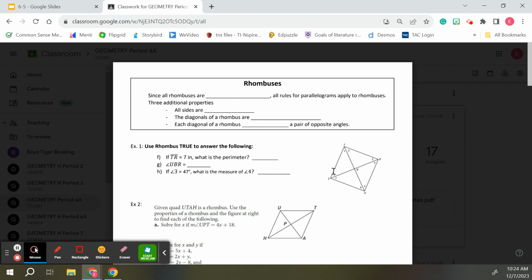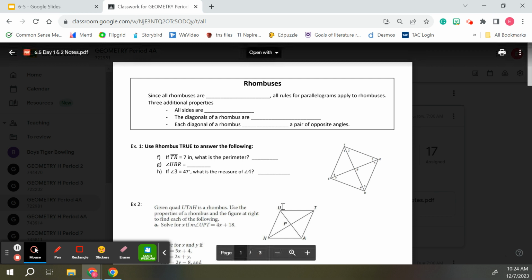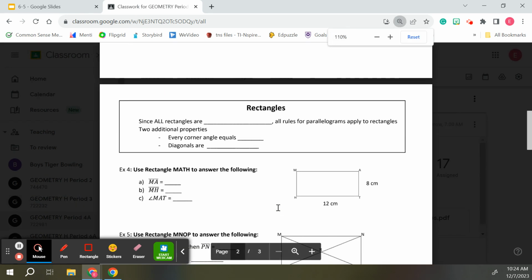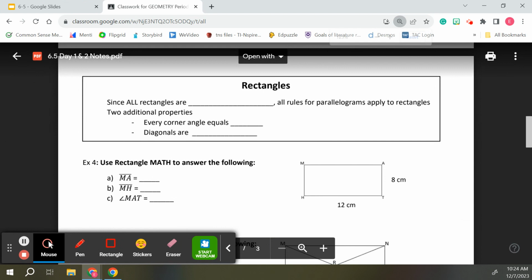Let's scroll on down to rectangles. The internet is acting a little wonky. Take out your foldables also, because rectangles and squares have kind of an interesting little relationship.